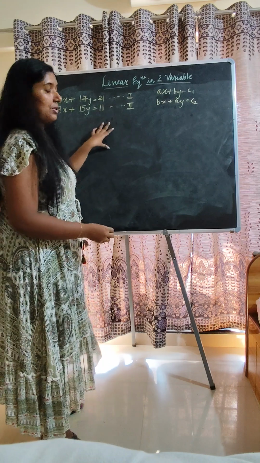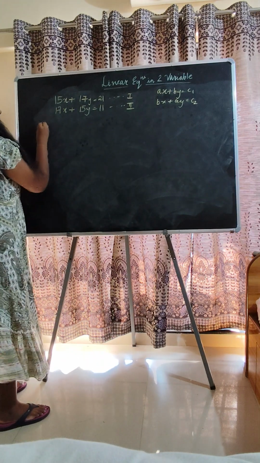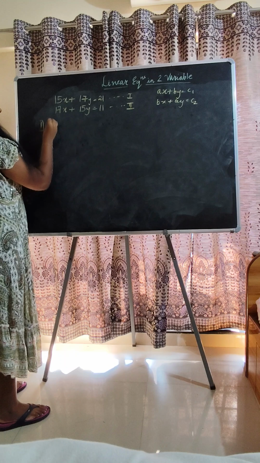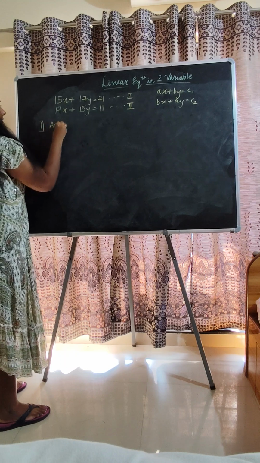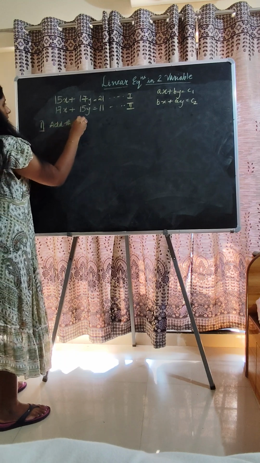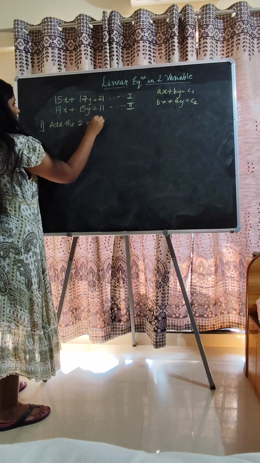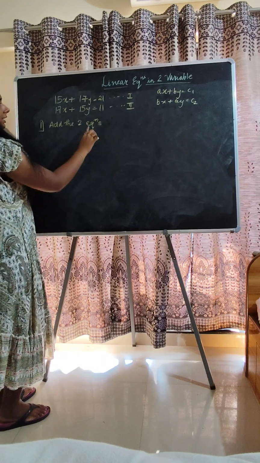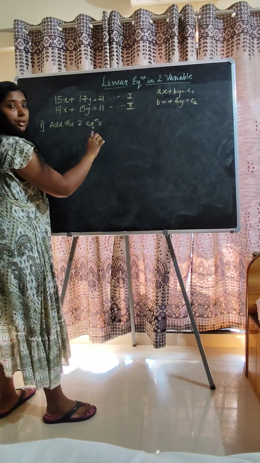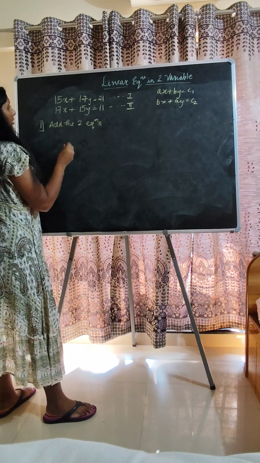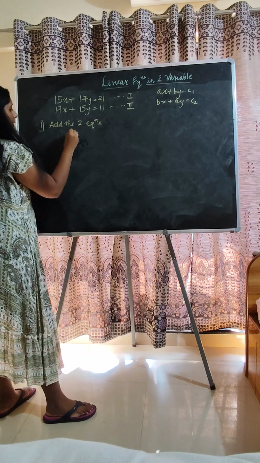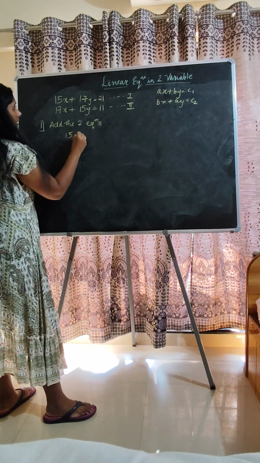I'll show you the steps. So the first step will be to add the two equations. You have to write complete equations; I am writing in short, EQNS. So when you add the two, you need to write it like this.